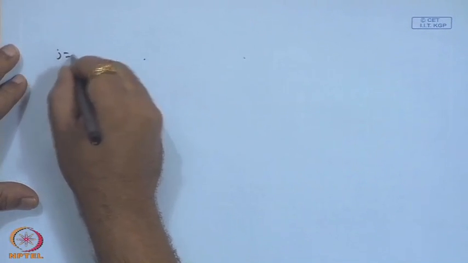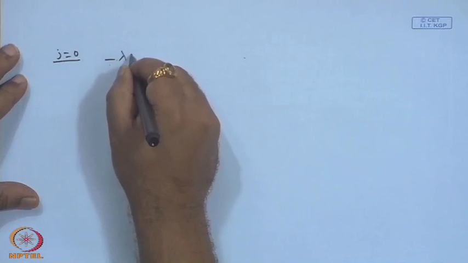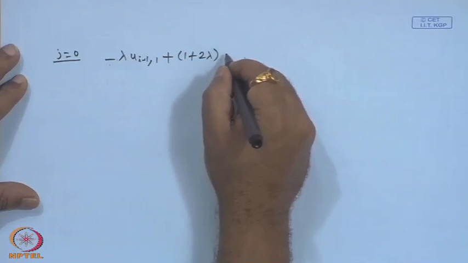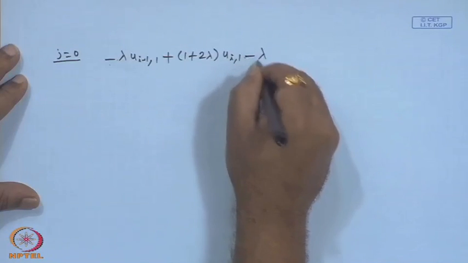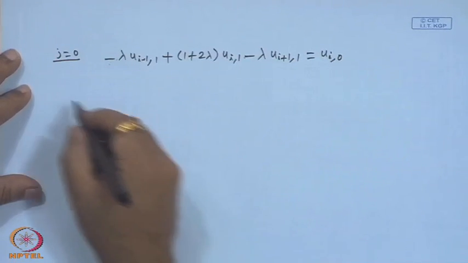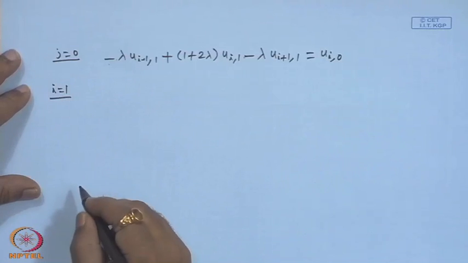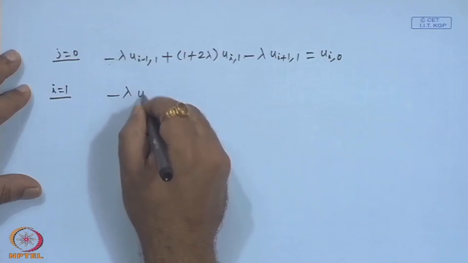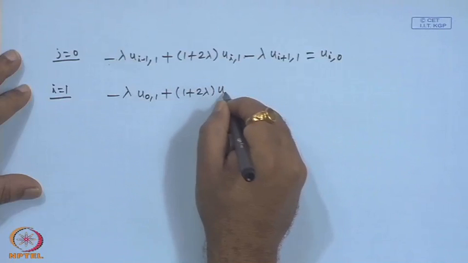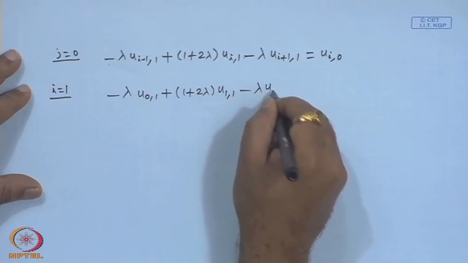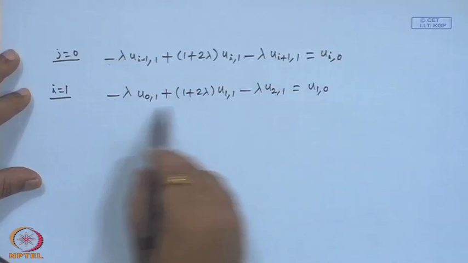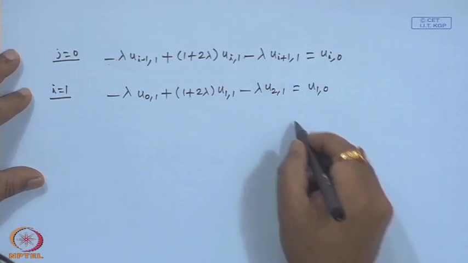The equation we have for j equals 0, now if you run the equation for i equal to 1, what is this doing? What is this doing?